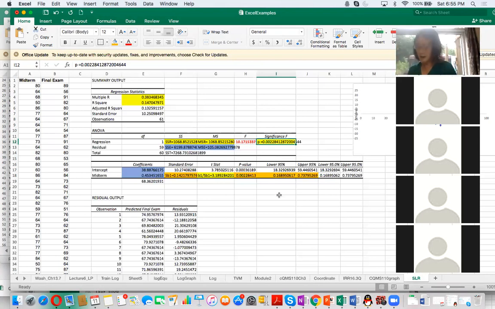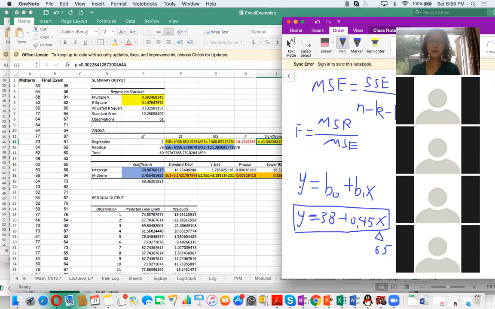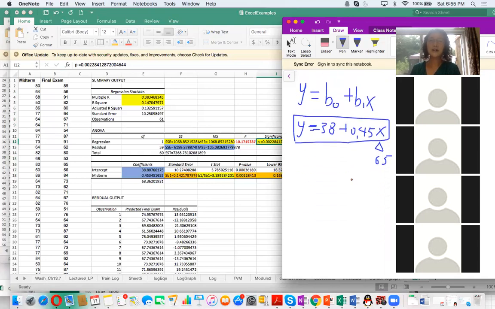When you use the linear regression model, you need to make sure there are assumptions.